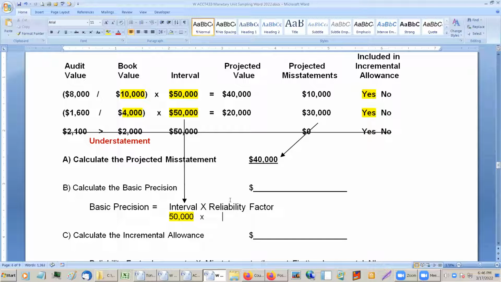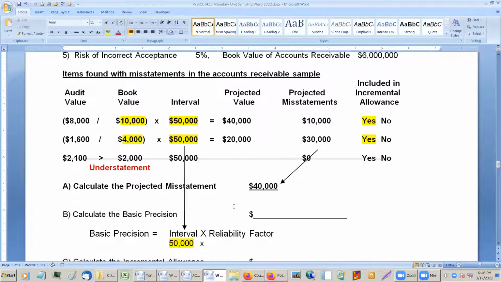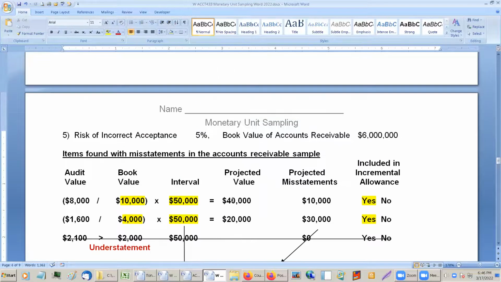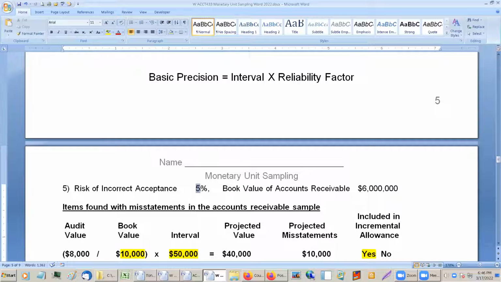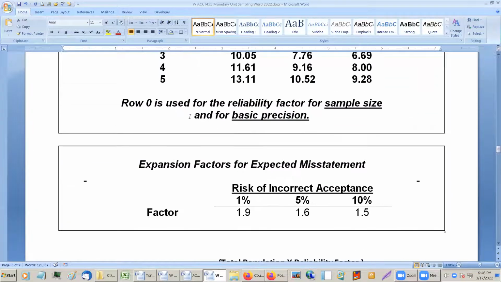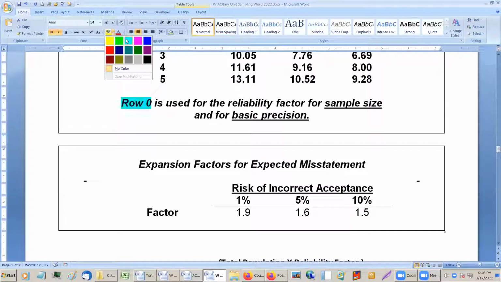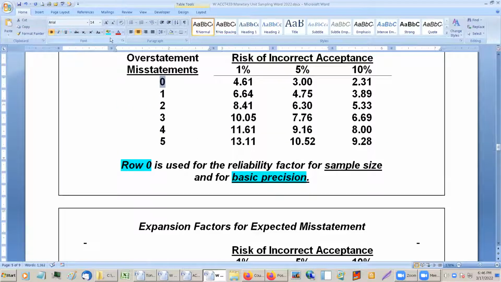Times the reliability factor. Now the reliability factor is, let's see, it's 5%. So you come up here. Row 0 is used for sample size and for basic precision. So here's row 0. At 5%, it is 3.